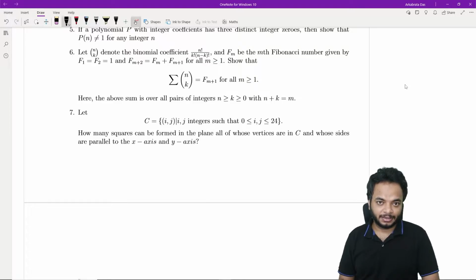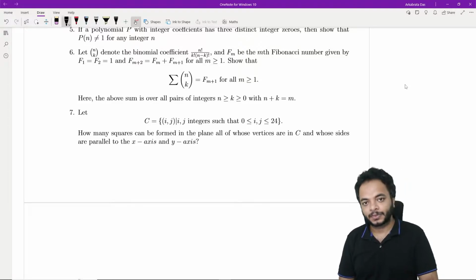What has been given to prove is that for f_{m+1}, n plus k should be equal to m. So for f_{m+2}, if this is correct, then n plus k should be equal to m plus 1, right?